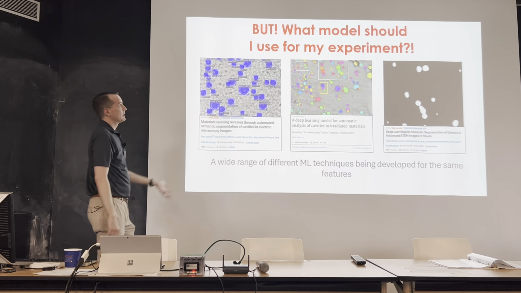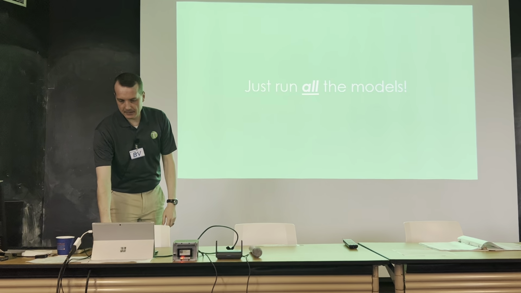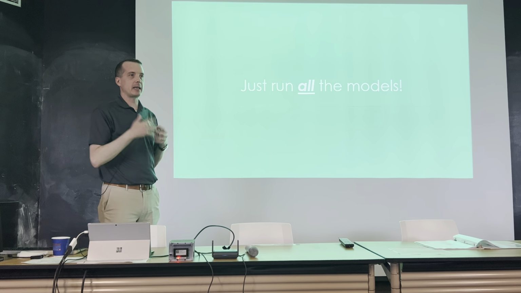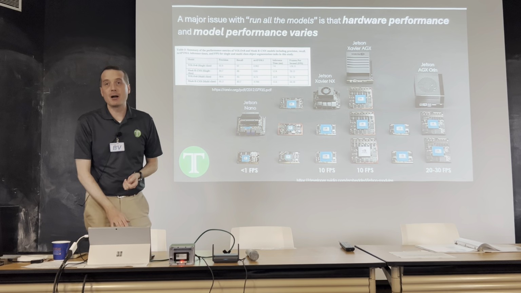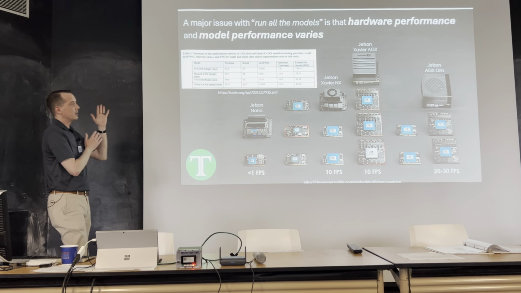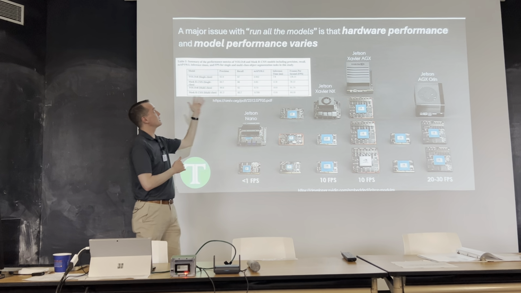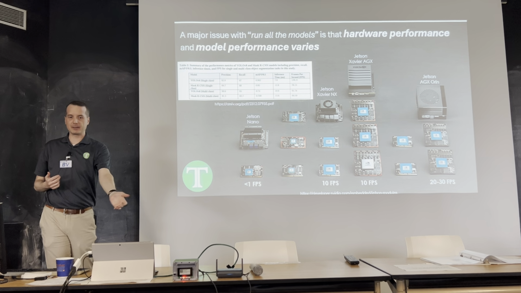We're always asked, which model should I use? And our answer is, just run all of them. Just run them all and let's see what happens, right? Let's scale up and see how many models we can run. But there are some problems with that, of course, that we have learned. And this is one thing, which is that the performance of your model is also hardware dependent, and it depends on the type of models you can run. It also depends on what kind of hardware you're using.